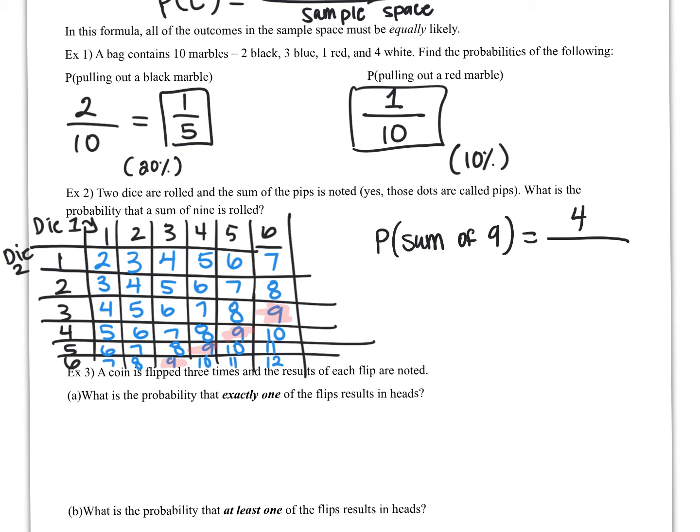That's the number of outcomes in my event over my complete sample space. I have a 6 by 6 row and column, so out of 36, and 4 over 36 can simplify to 1/9. So there's a 1 in 9 chance that if I roll 2 dice, their sum comes out as 9.